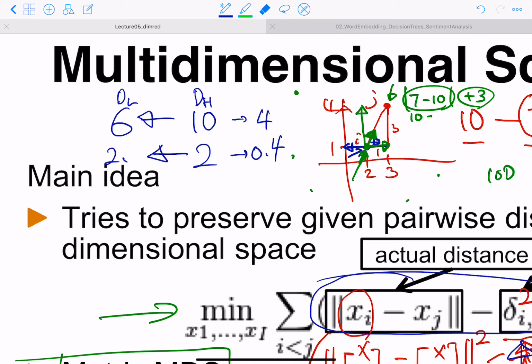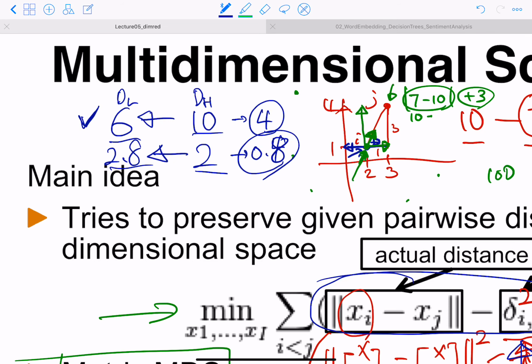Let me change it to 2.8, so it is 0.8. Which one is contributing more errors to our loss function? Definitely this one, because that is 4 and this one is 0.8. So in this situation, our model will tend to focus on minimizing the difference between these two rather than these two.